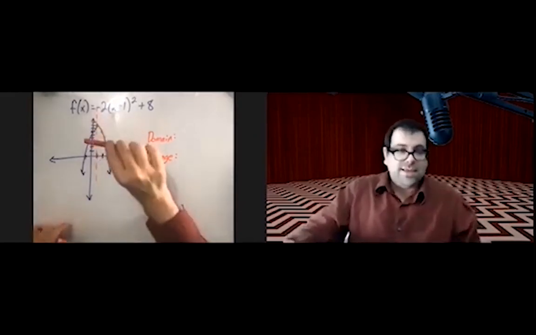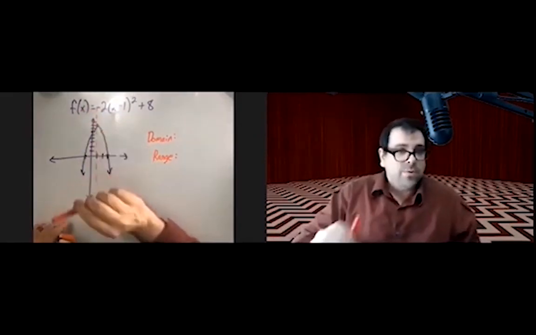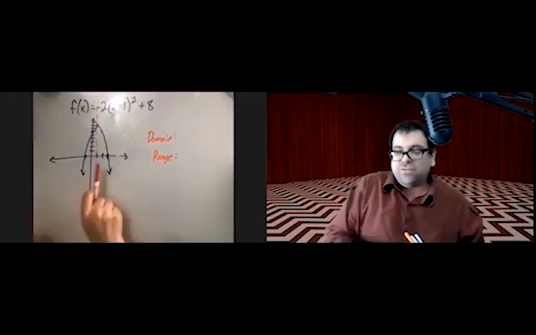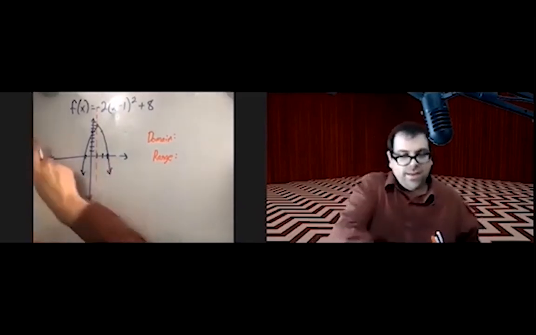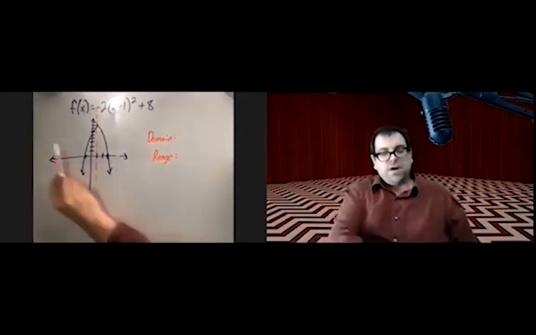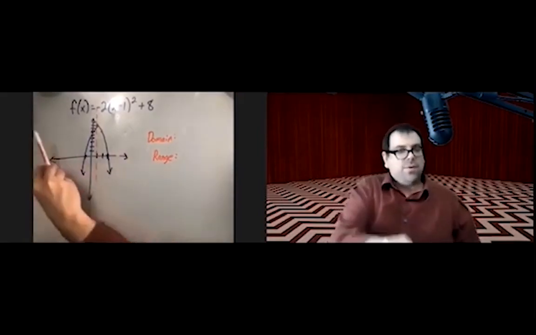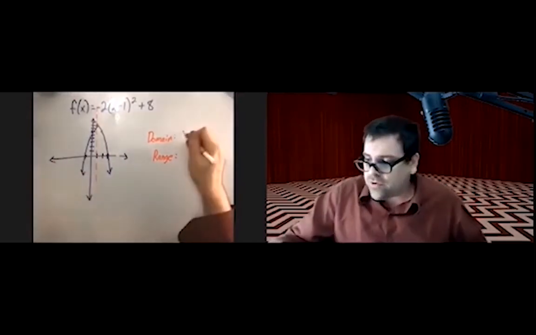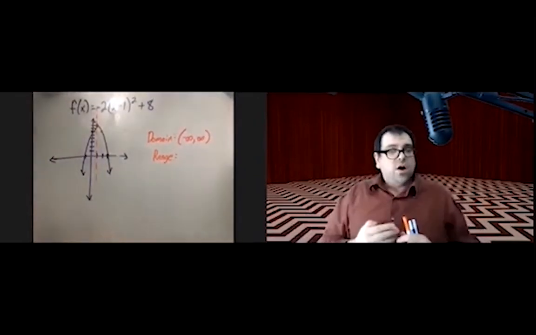So it's either going to go up forever or down forever, not both. But no matter whether it opens up or down, it will go left forever. It will go right forever. And since that means that if we imagine negative infinity and we move towards positive infinity along the x, there will always be graph somewhere, either way, way, way up if it opens up, or way, way, way down if it opens down. The domain of a parabola is always going to be negative infinity to infinity, all real numbers.